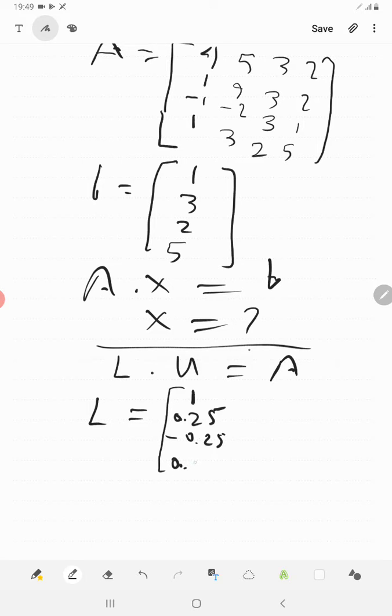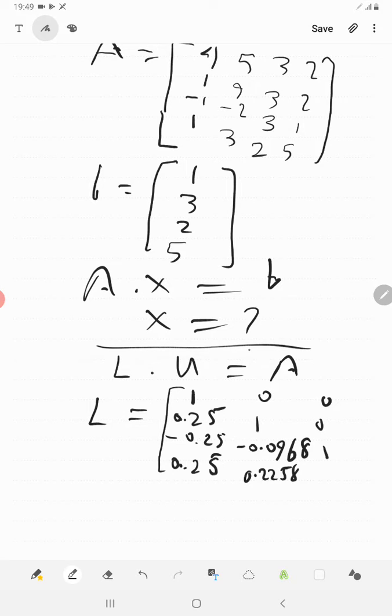Understand how the program calculates these elements. Then here is 0 and here is 1. Diagonal always 1. Then minus 0.968, and then here you get 0.2258, and again you get 0 here, and 0 here and 0 here.